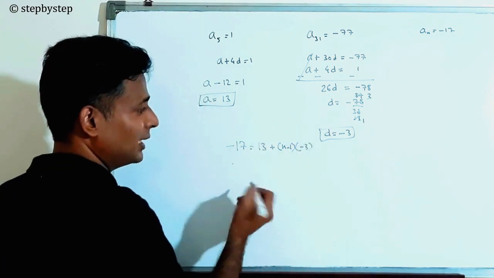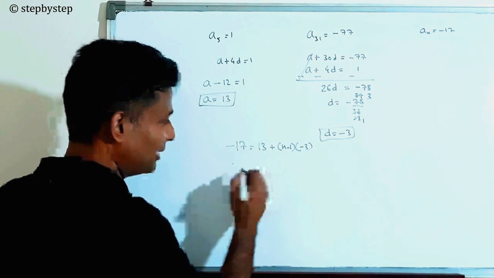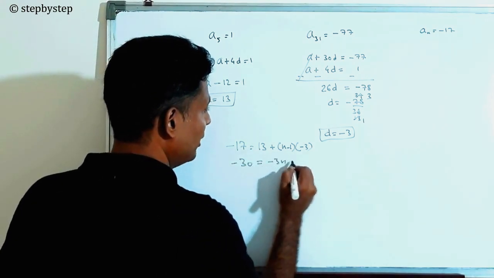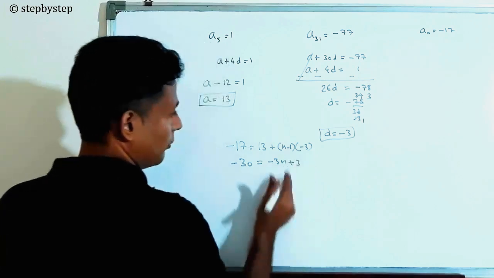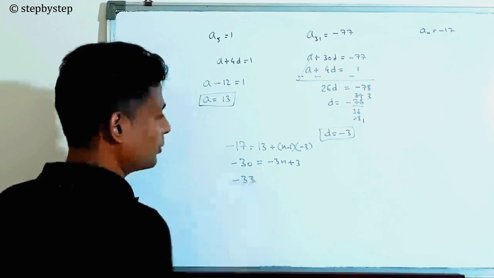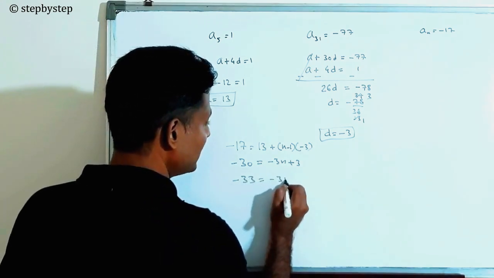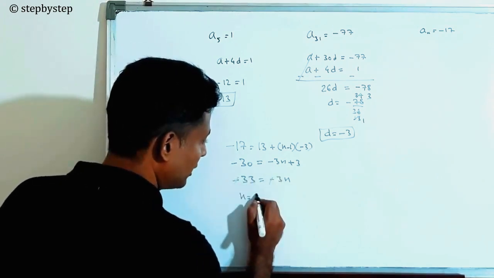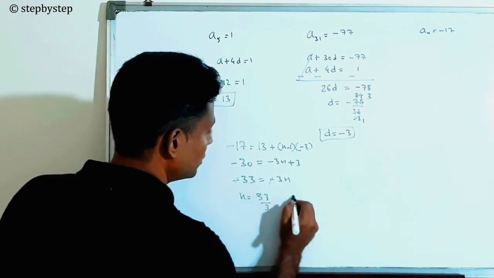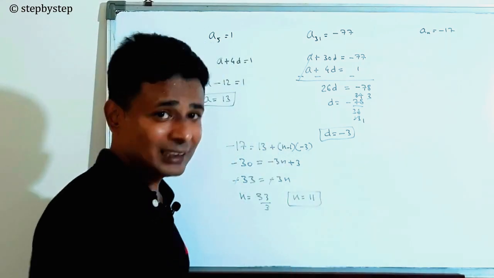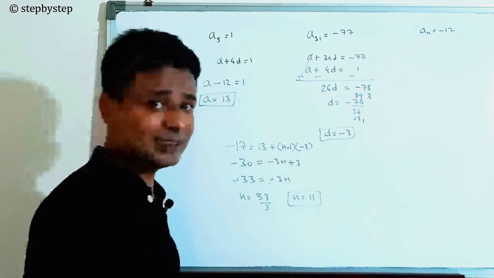When I transpose 13 to that side, it becomes minus 13, minus 17 minus 13, minus 30 equal to minus 3n plus 3. When I open the brackets, plus 3 comes this side, it becomes minus 3 and the total becomes minus 33 equal to minus 3n. So n is equal to, minus minus signs cancel, 33 by 3. So n equal to 11, which means minus 17 is the 11th term of this AP.